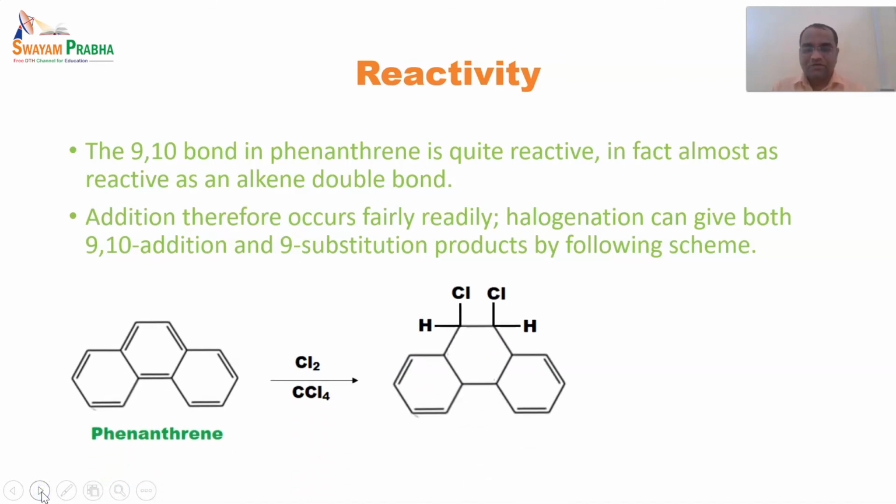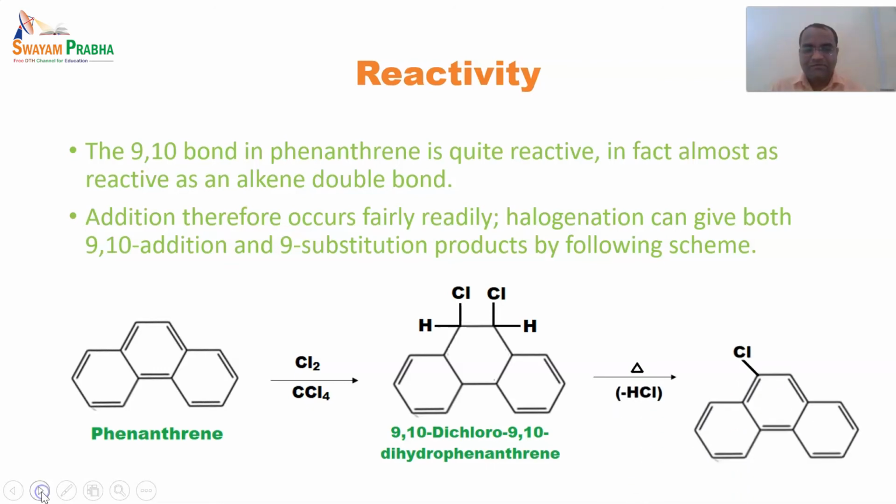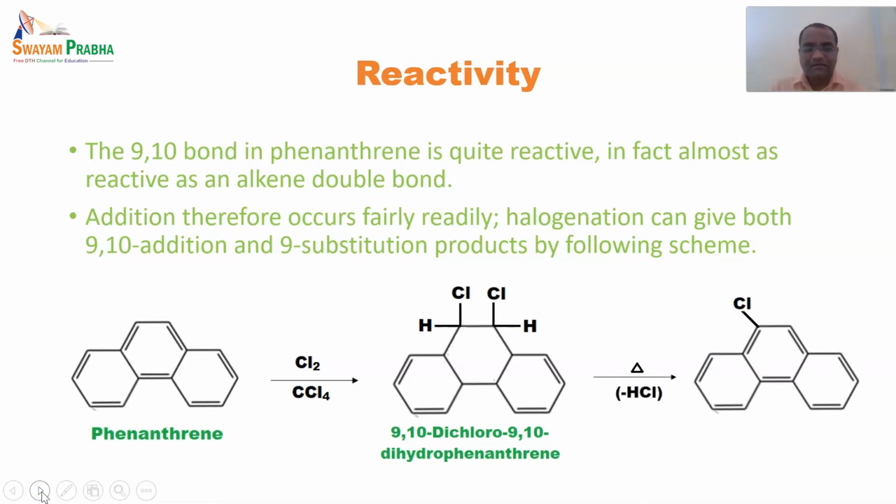Phenanthrene after halogenation can give 9,10 dichloro dihydrophenanthrene, and after heating, HCl is removed and it forms only one type of halogenated product, that is 9-chlorophenanthrene.